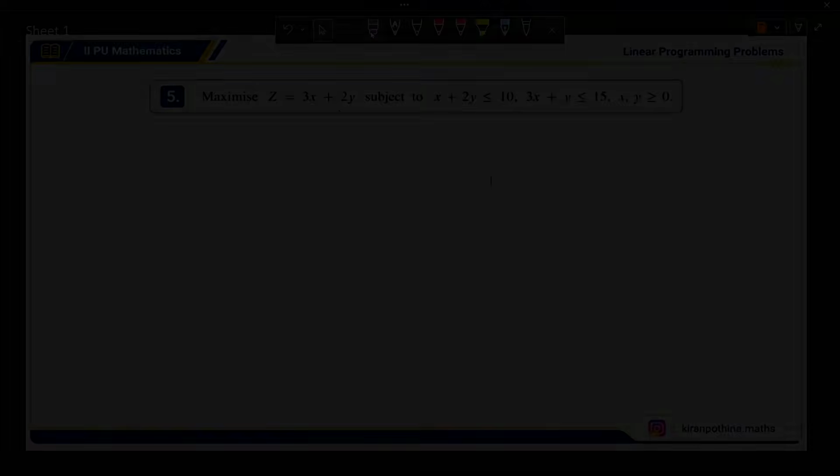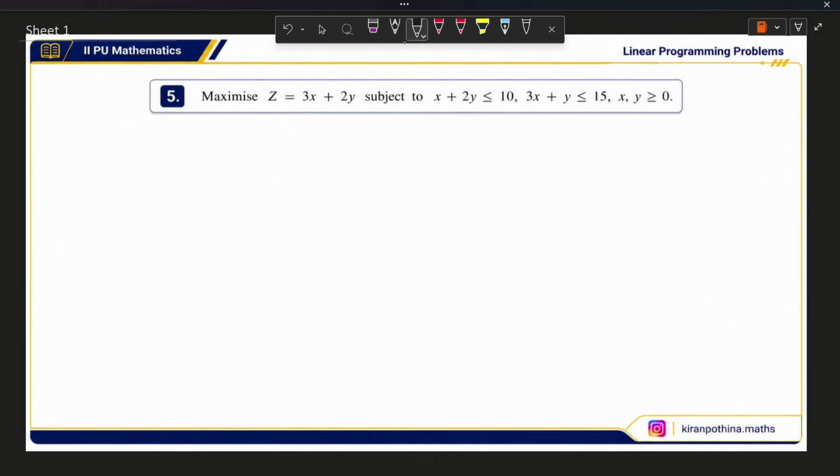Now let's begin. They have given: maximize z equal to 3x plus 2y subject to two constraints. So when it comes to the solution, first I will write the given objective function, that is z equal to 3x plus 2y. And I will also write the constraints here.